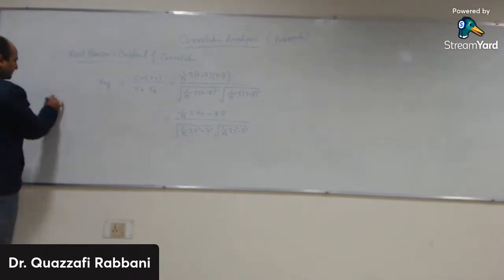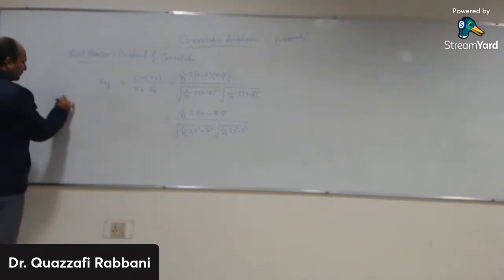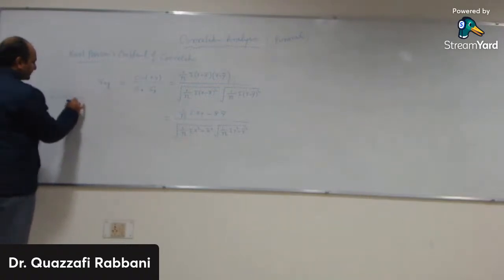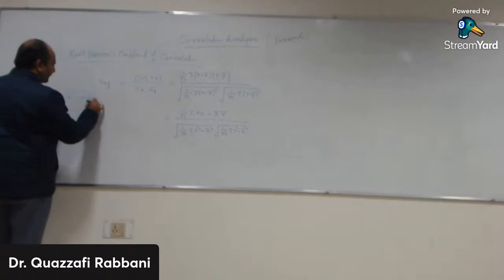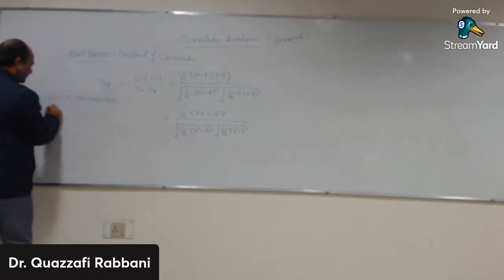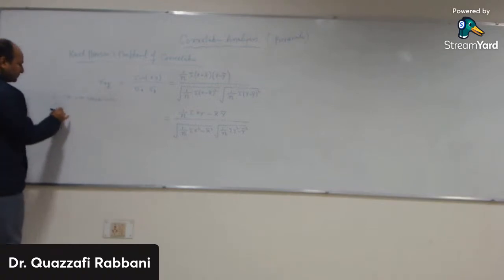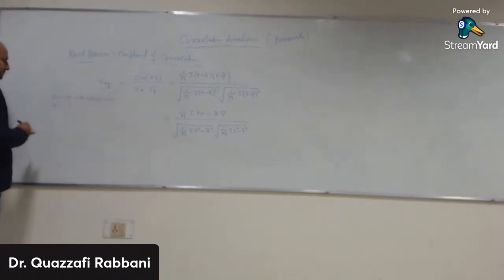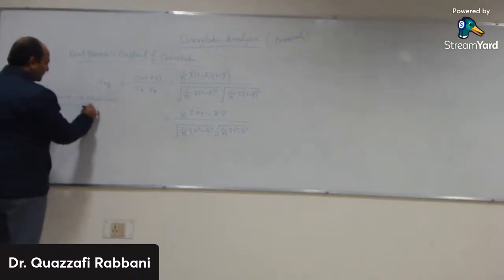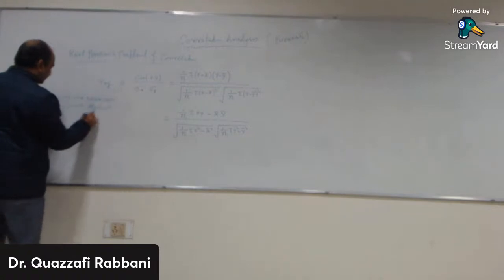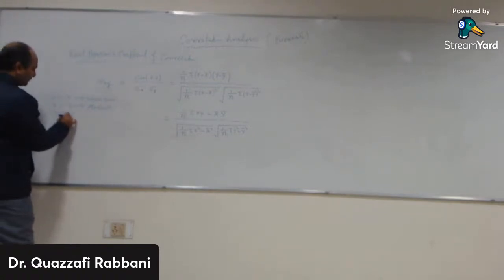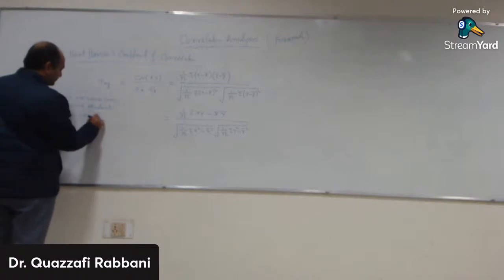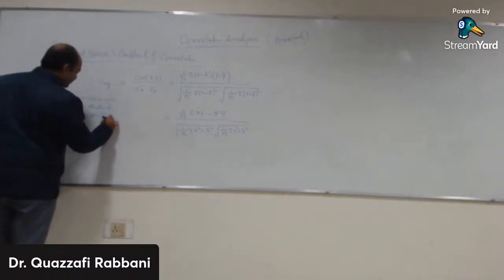Suppose 0 to 0.4, this is considered weak correlation. 0.4 to 0.7 is moderate, and 0.8 to 1 is highly correlated.